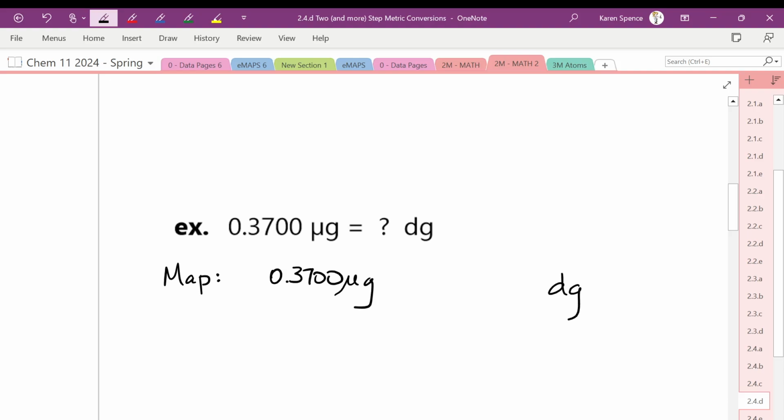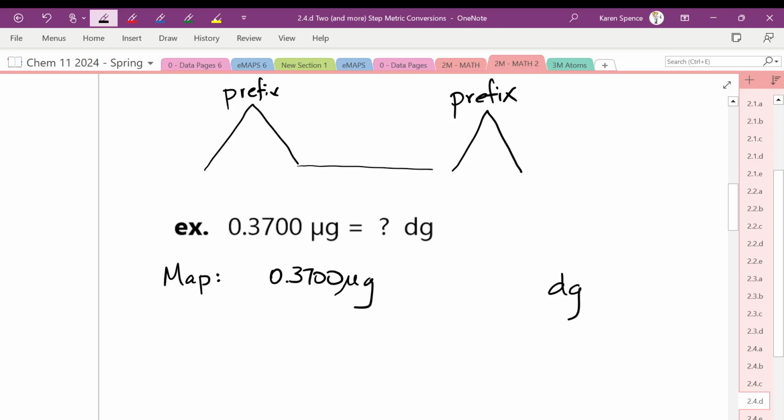decigrams. If we are starting at a prefix and we want to get to another prefix, what do we have to go through in the middle? We have to go through the plain unit. Okay, so we've got our prefix here.